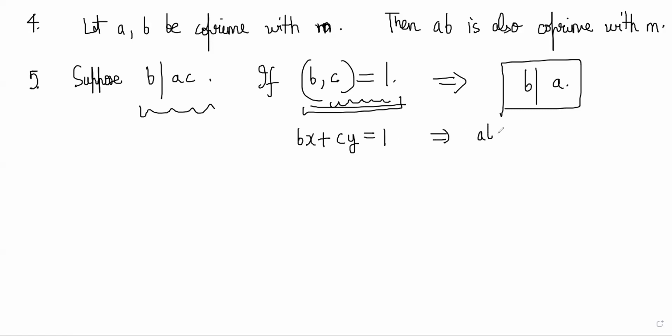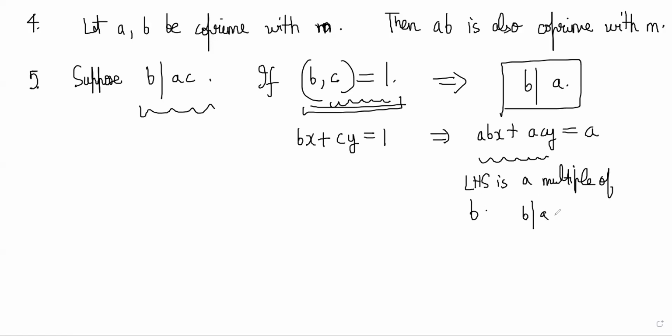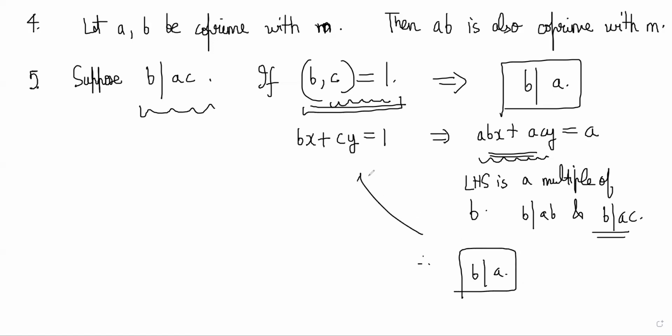So that implies ABX plus ACY equals A. And the LHS here is a multiple of B. Why? Because B divides AB obviously, and B divides AC is given in the problem, right? So LHS is a multiple of B, therefore RHS is also a multiple of B. So B must divide A, right? That's a simple proof of this one.